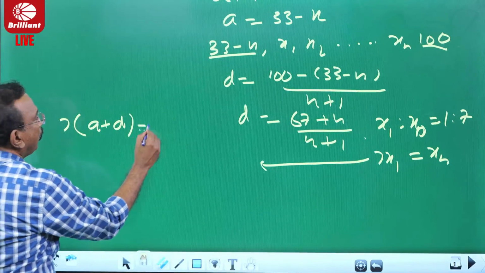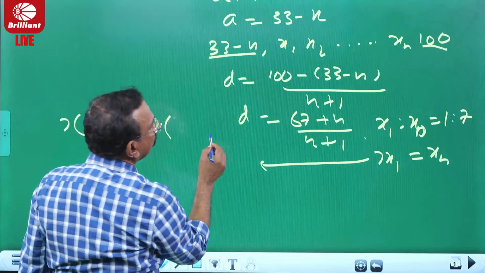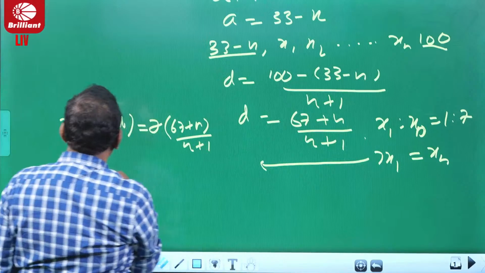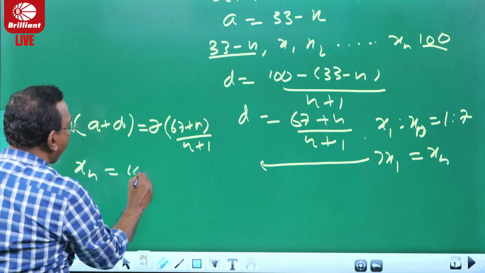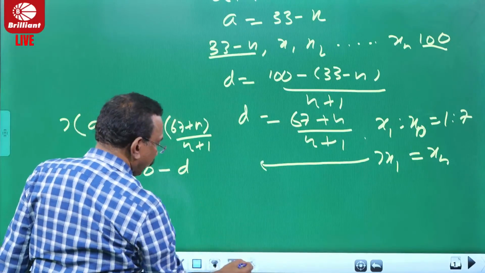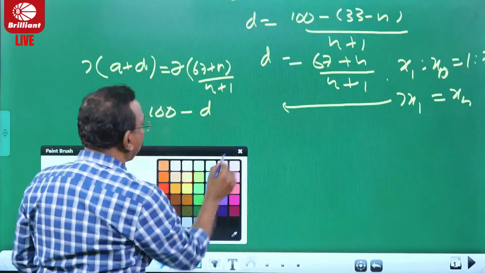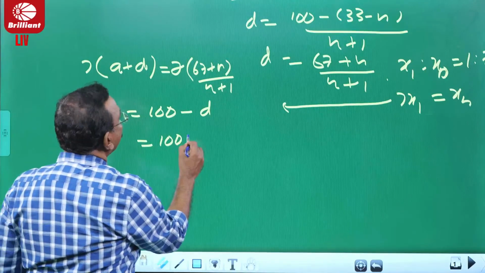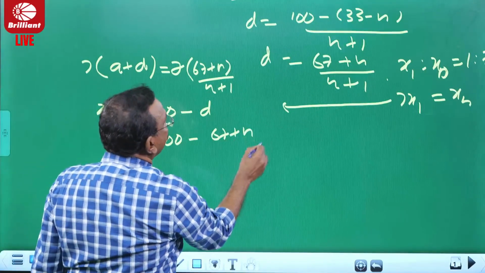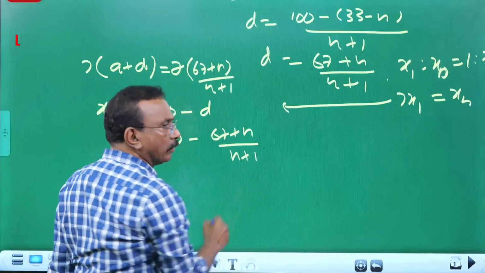That is equal to 7 into (67 plus n) divided by n plus 1. And xn is equal to 100 minus d. This also we can write as 100 minus d, where d is 67 plus n divided by n plus 1.